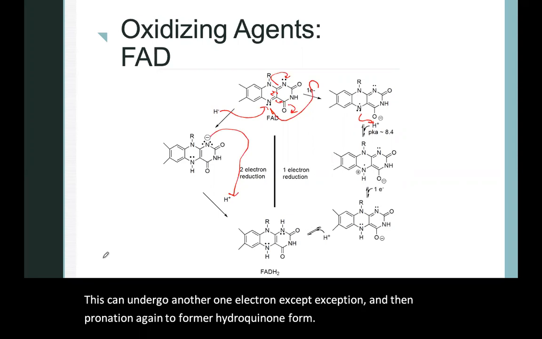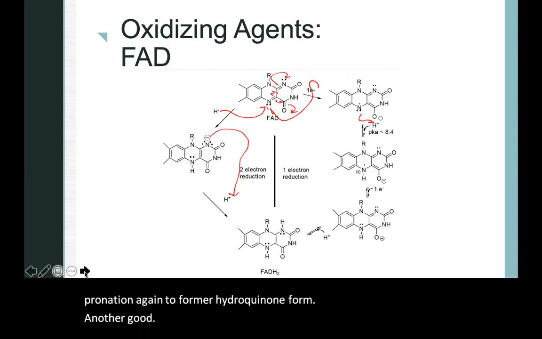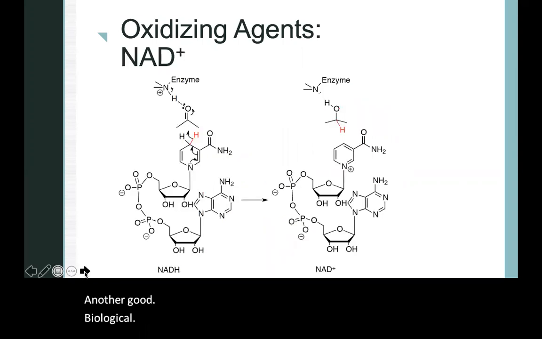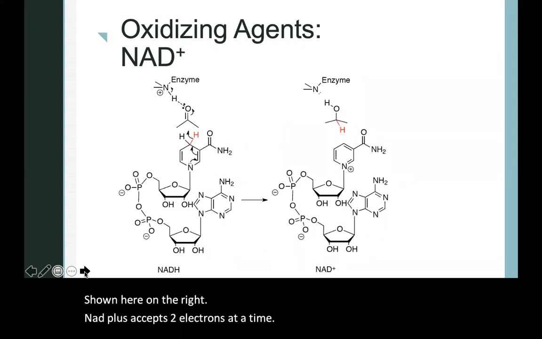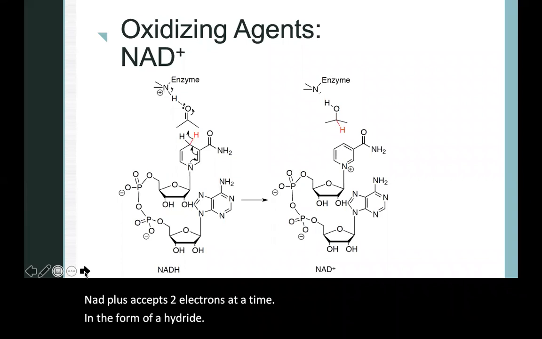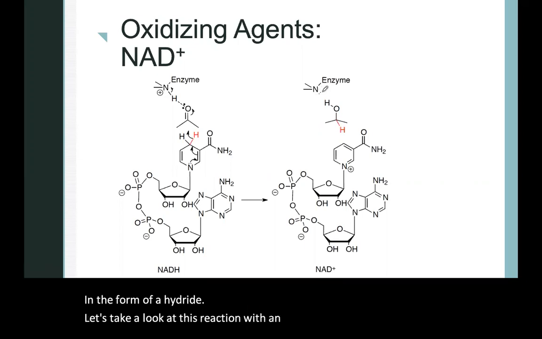Another good biological oxidizing agent is NAD+, shown here on the right. NAD+ accepts 2 electrons at a time, or in the form of a hydride. Let's take a look at this reaction with an alcohol, oxidizing an alcohol.